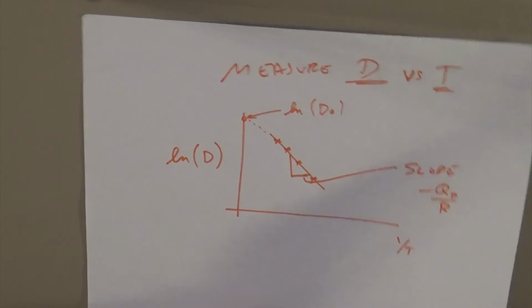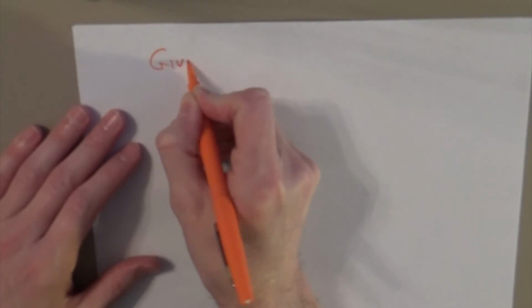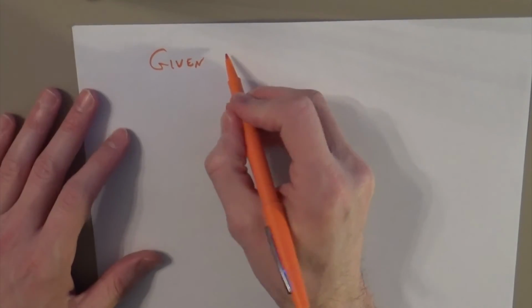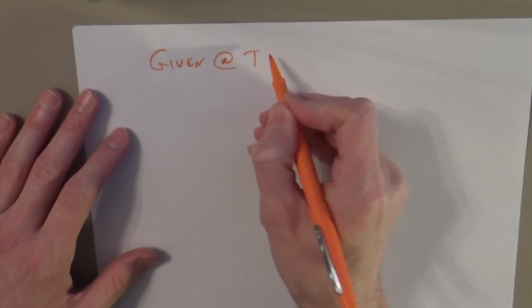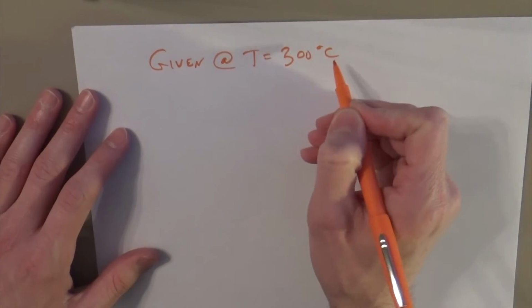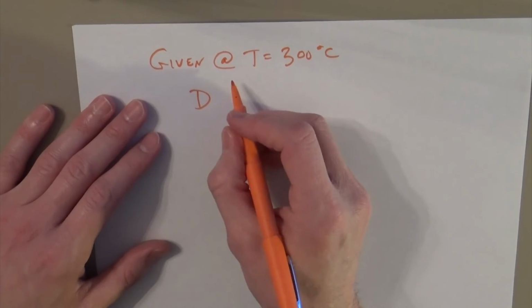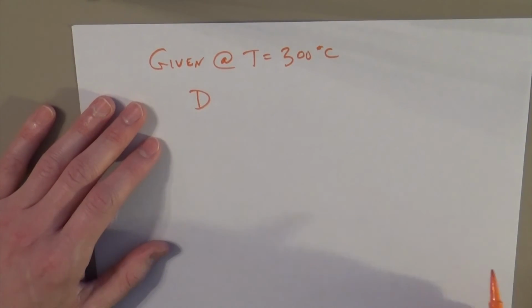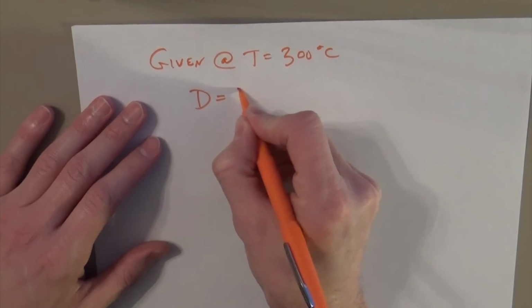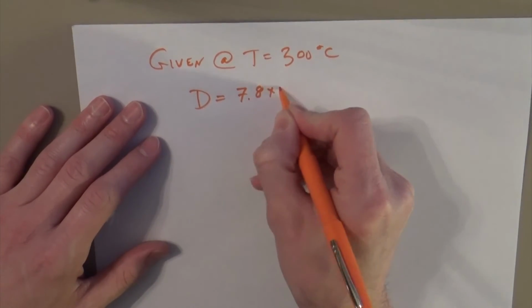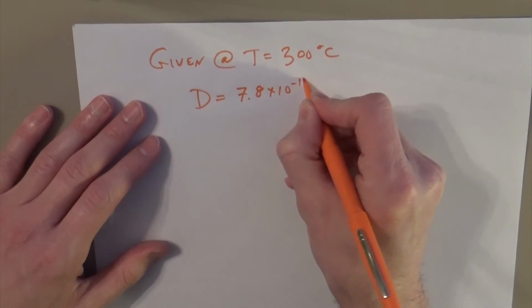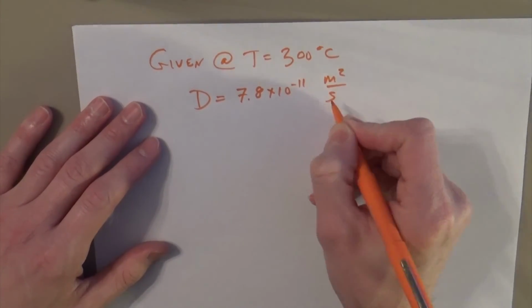So let's look at an example problem. Let's say, given at T equals 300 degrees C, the diffusion coefficient is equal to 7.8 times 10 to the minus 11 meters squared per second.